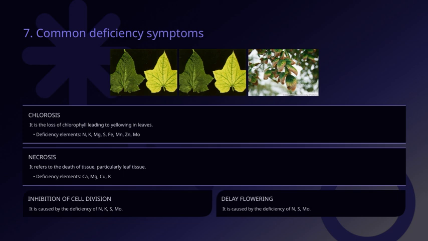Nutrients like nitrogen, potassium, magnesium, sulfur, iron, manganese, zinc, and molybdenum play a key role here. When they are deficient, the plant can't produce enough chlorophyll, leading to this yellowing. These symptoms are important clues for diagnosing nutrient deficiencies and ensuring proper plant health. Recognizing these signs early can help us take corrective actions to keep plants thriving.